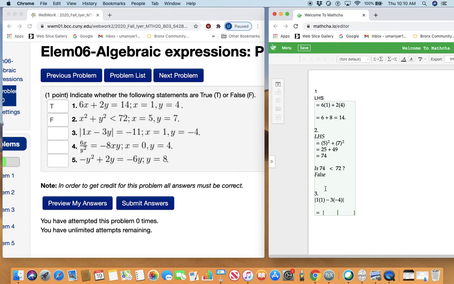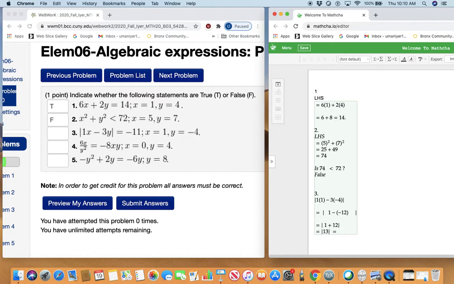So multiplication takes precedence. 1 times 1 is 1, minus 3 times negative 4. So minus negative 12. All right? 3 times negative 4 is negative 12, which gives me absolute value of 1 minus negative 12, which is 1 plus 12, absolute value, which is equal to absolute value of 13.